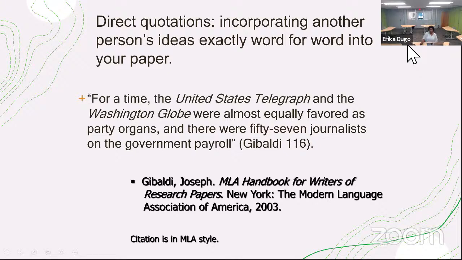So you'll notice that you have the author's last name and the page number where that particular quote is found. So with MLA style, this is the in-text citation, and this would be the citation that you would include at the end of your paper under your references.